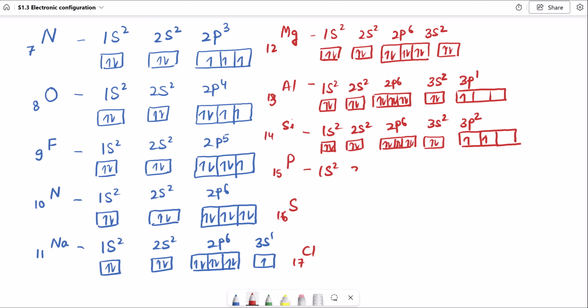Phosphorus 1s2, 2s2, 2p6, 3s2, 3p3. So here it will go like this. 1, 2, and 3. Right? The rest will be as it is.